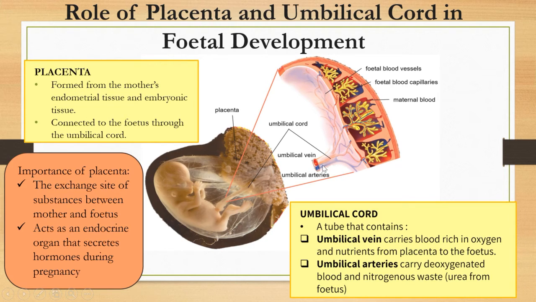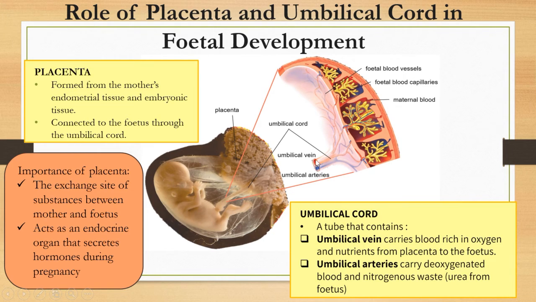What is the function of the umbilical vein? Why is the color red? The umbilical vein carries blood rich in oxygen and nutrients from the placenta to the fetus.